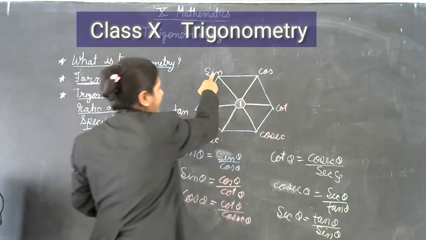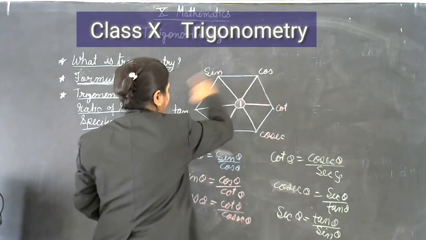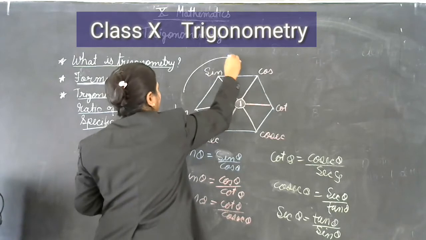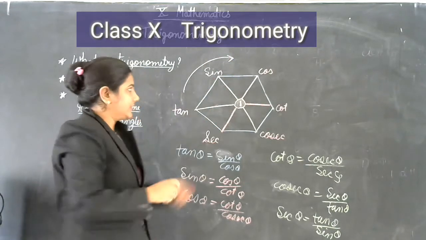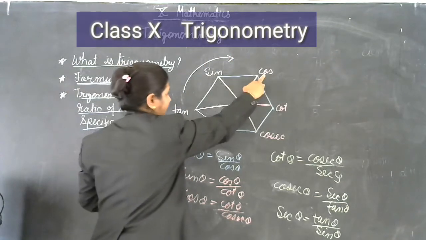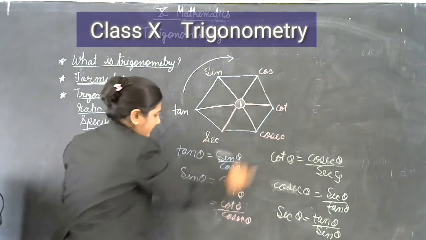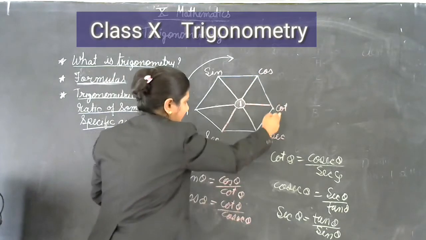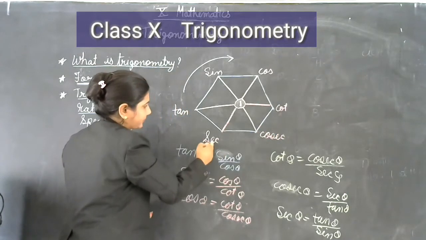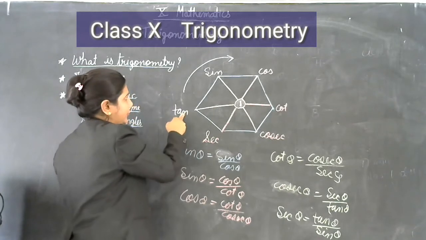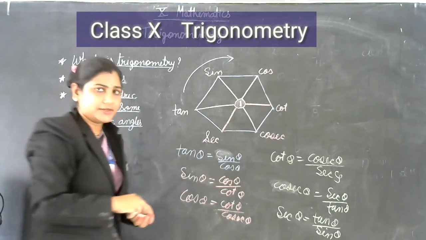Again first equals second upon third, and you have to write in clockwise direction only. Sin theta equals cos theta upon cot theta. Cos theta equals cot theta upon cosec theta. Cosec theta equals sec theta upon tan theta. And sec theta equals tan theta upon sin theta.